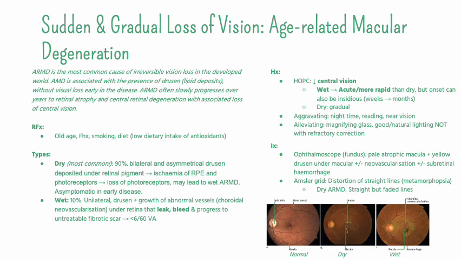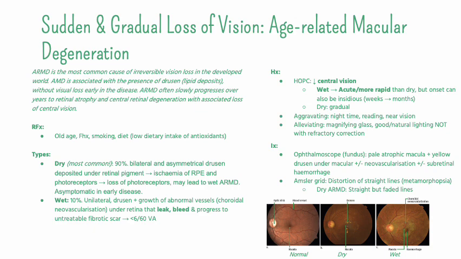Aggravating factors include nighttime reading and near vision, while alleviating factors include using a magnifying glass, good and natural lighting, and without refractory correction. Investigations include using an ophthalmoscope to observe the fundus, in which you'll be able to see a pale atrophic macula, yellow drusen under the macula, plus or minus neovascularization, and plus or minus subretinal hemorrhages.